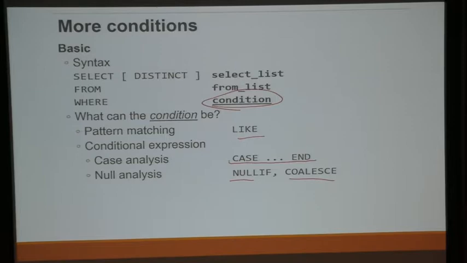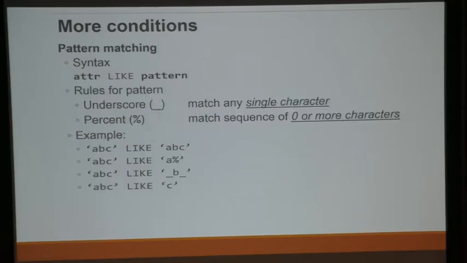For the like, we have simple rules. So you can have this kind of syntax. The attribute is like this pattern. And when you try to match things, you have two very special characters, which is the underscore, which matches exactly any one single character, or a %, which matches 0 or more any characters.